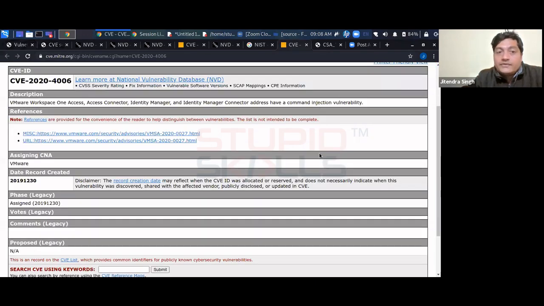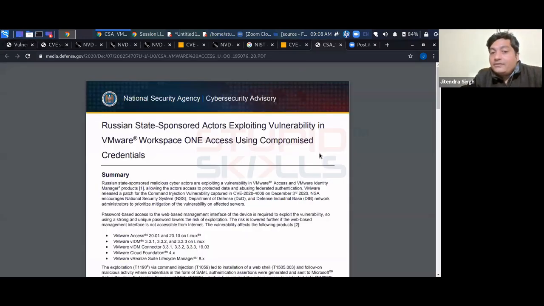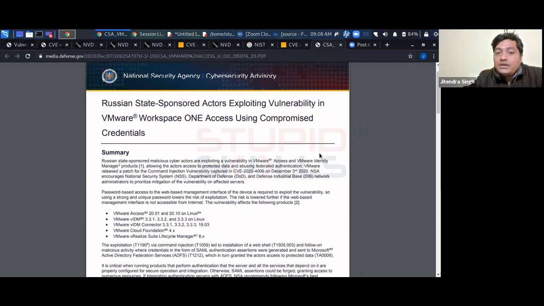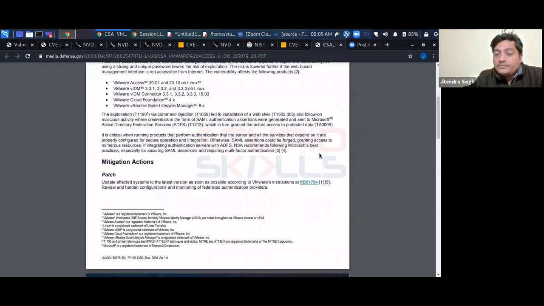So this is one of the advisories wherein they say that this particular activity was by Russian state sponsored actors. They used VMware Workspace One Access. Okay. And in such advisories, you will have a summary, and it would relate to the software versions, operating system versions, and you would see that there are some patches or mitigation actions that are also published in such advisories.